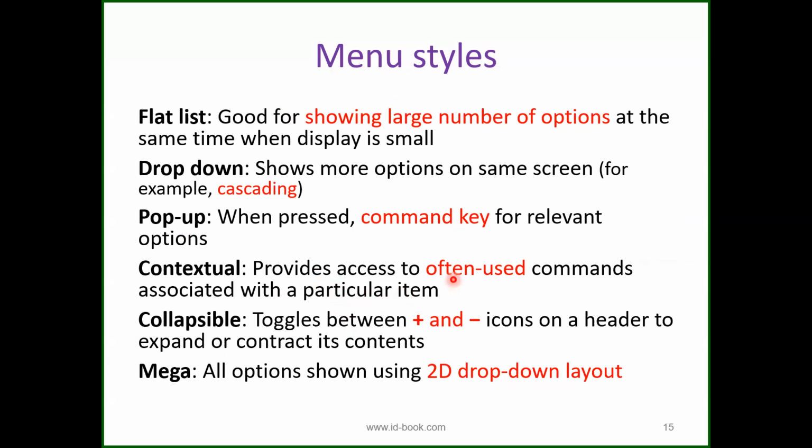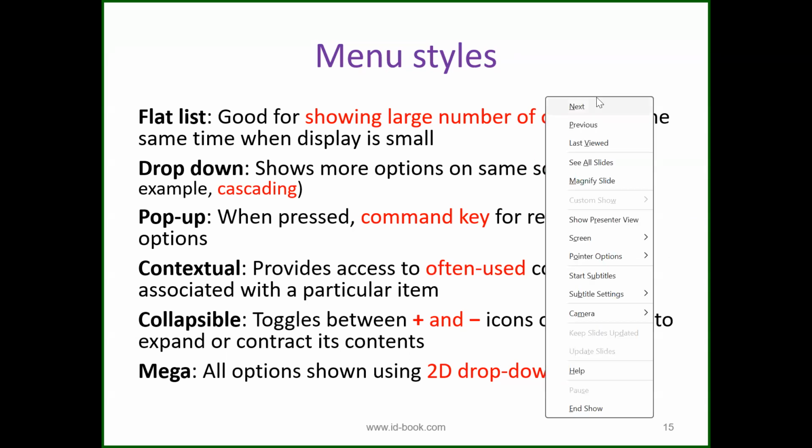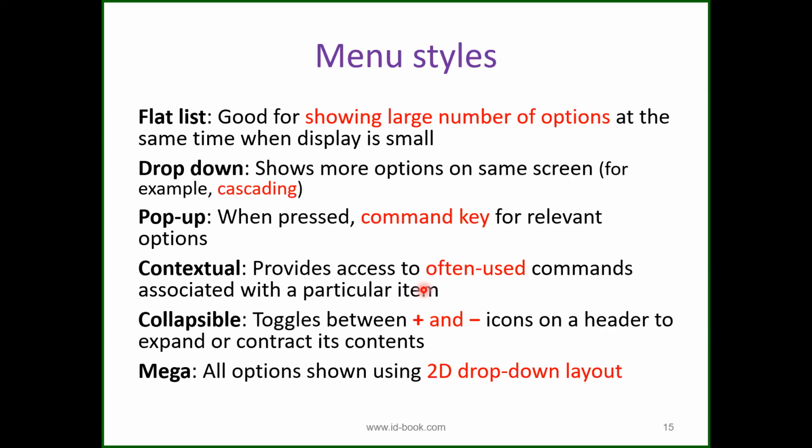So here the item is a slideshow, and hence when I right click and see the context menu, all things are related to the slide only. For example, next slide, previous slide, last viewed, all the slides, magnifying glass, all the actions or things related to the presentation display are given here. Similarly, in any application, when you right click, you will see the contextual menu, which has the most often used commands associated with that particular application.